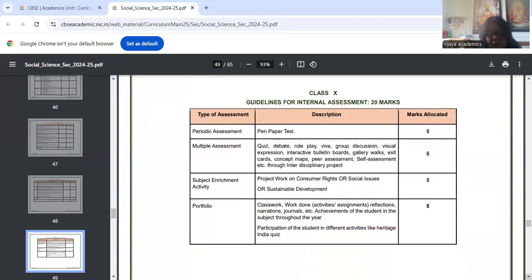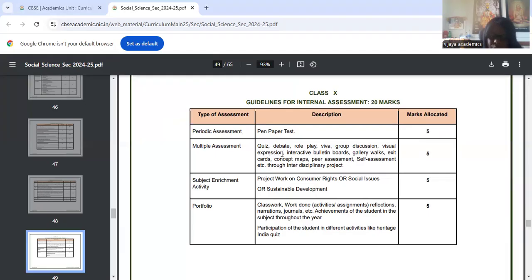Now, here a few guidelines are given for the internal assessment. Many teachers are facing problems with the internal assessment. So my suggestion for all the teachers is that if you want to give the internal project for the internal assessment, then you can give all those projects for the summer vacation only. Type of assessment: periodic assessment, that is pen paper test, marks allocated 5.